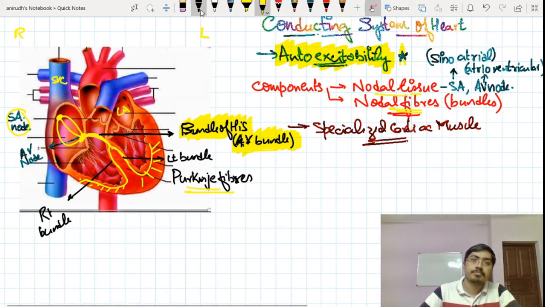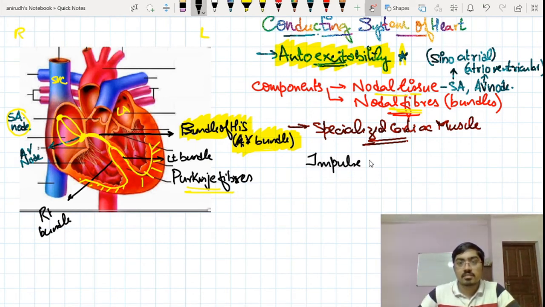Okay, now if I talk about impulse production, impulse can be produced by the SA node as well as the AV node.